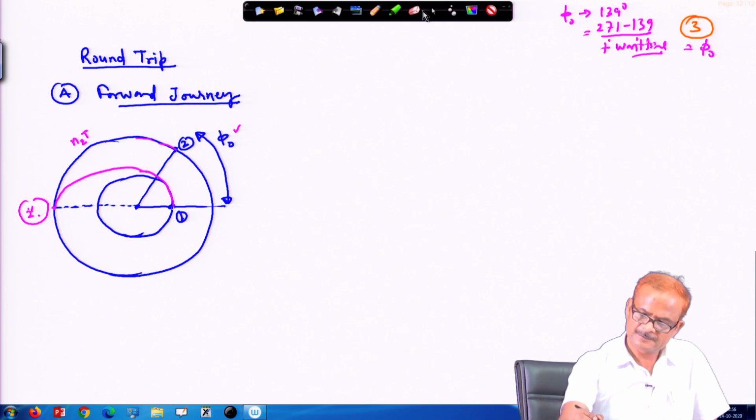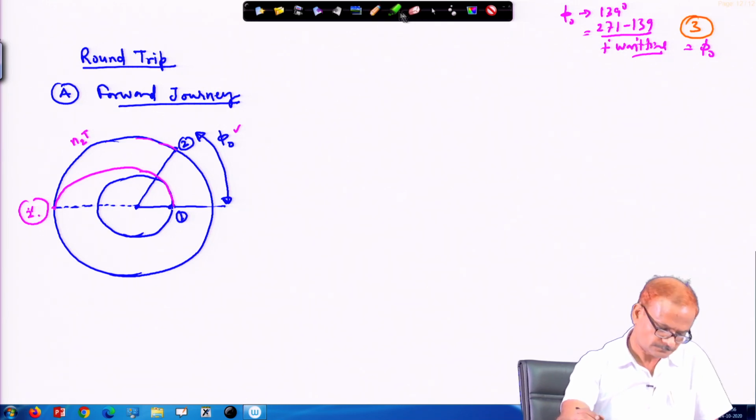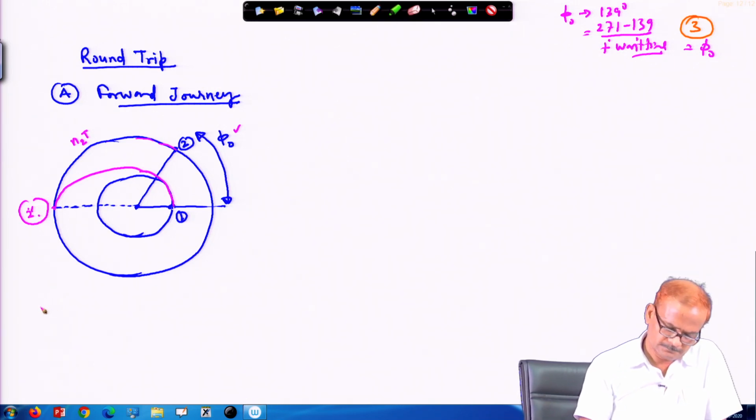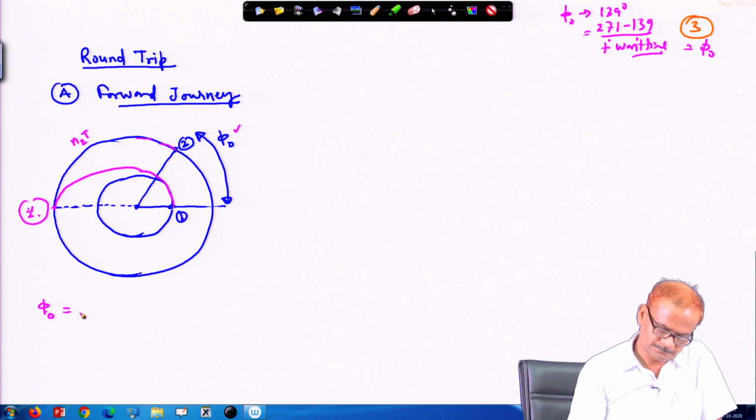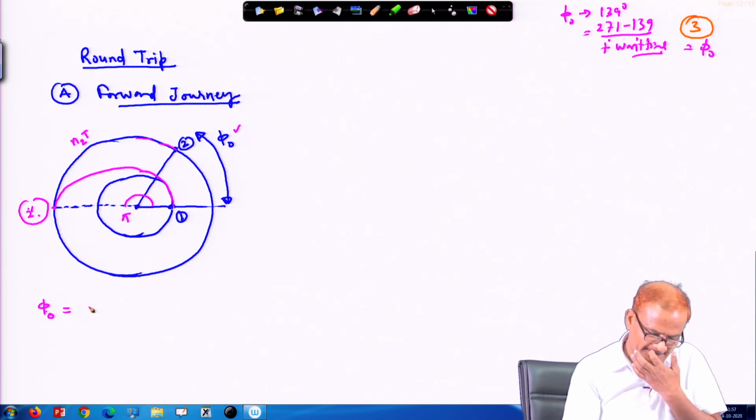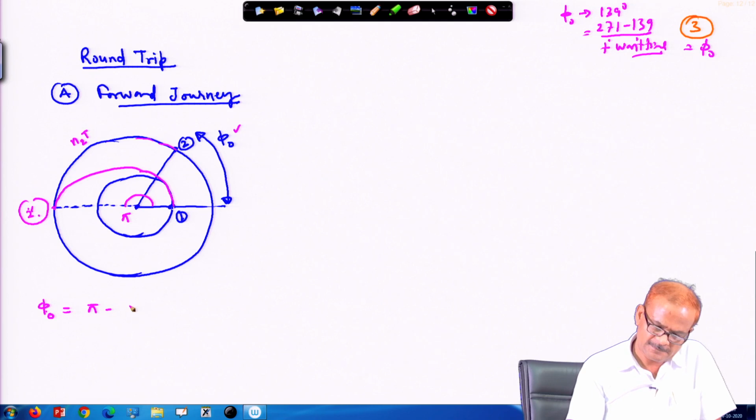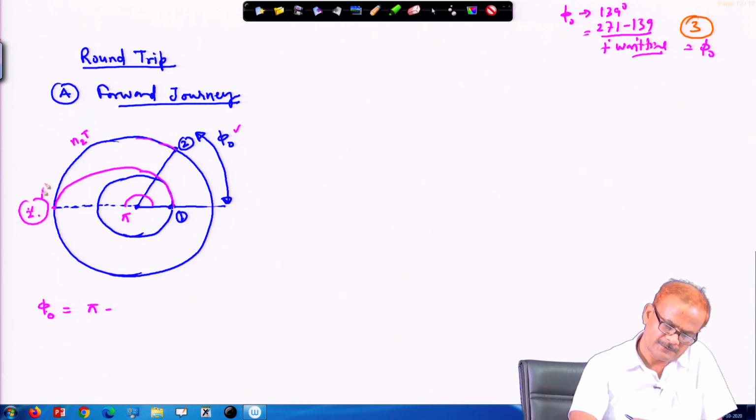So, we can write the equation now. So, phi 0, this quantity, is related to this whole angle, which is pi. So, pi minus, and this angle is from here to here, this angle is n 2 t.